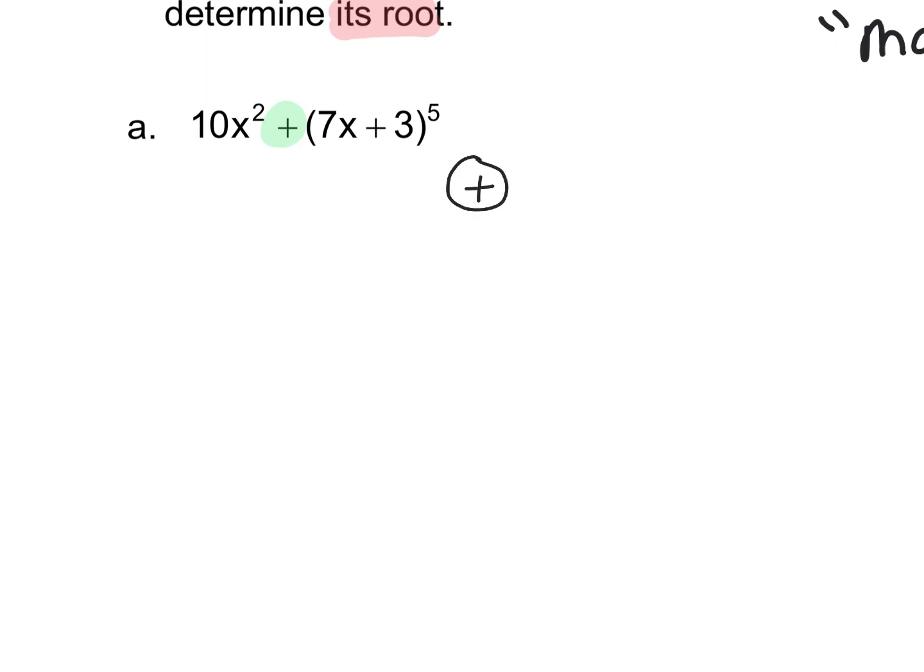Then going to the left side of this binary tree, we are going to consider this side. So this 10x to the power of 2, the operator involved here is multiplication, right? 10 times. So the second thing we are going to consider is the multiplication.